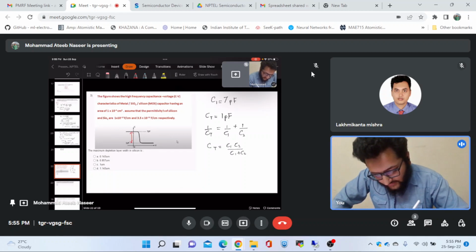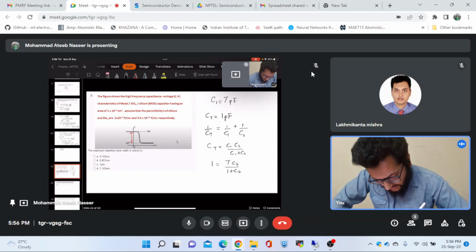Now CT is 1 and C1 is 7. This is C2, and this is 1 plus C2.